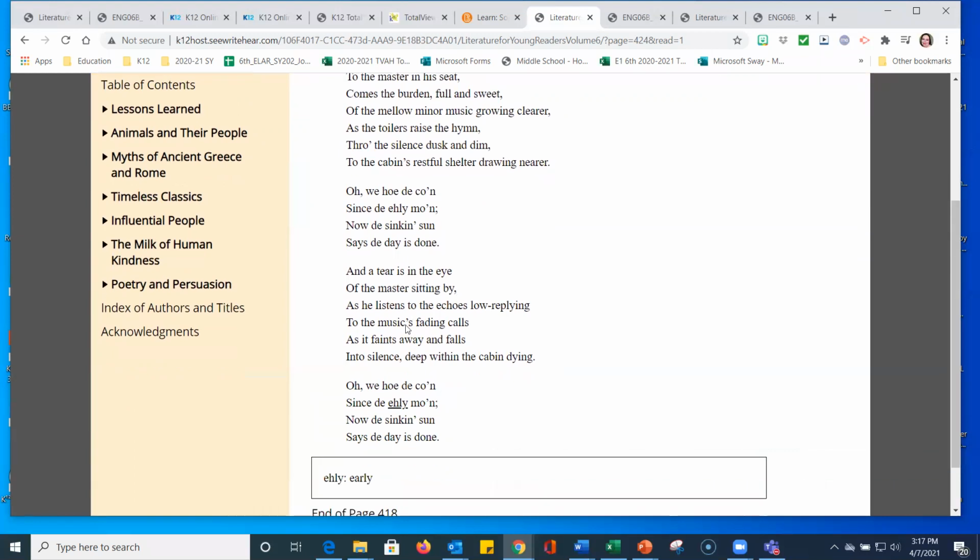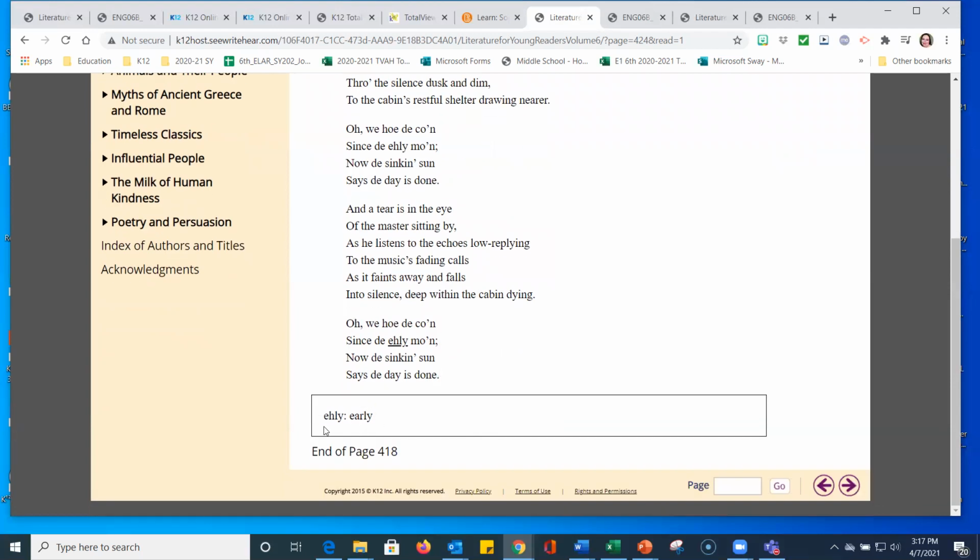And a tear is in the eye of the master sitting by, as he listens to the echoes low replying to the music's fading calls as it faints away and falls into silence deep within the cabin dying. Oh, we hoed the corn since the early morn, now the sinking sun says the day is done. And it's early morn.